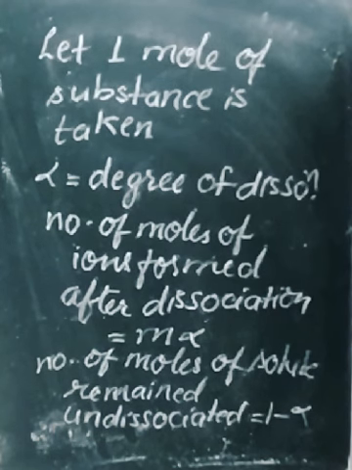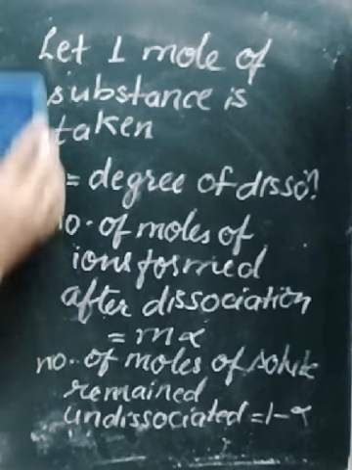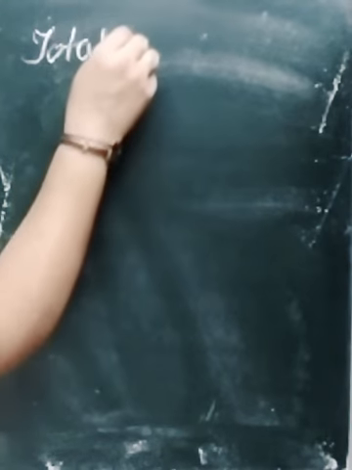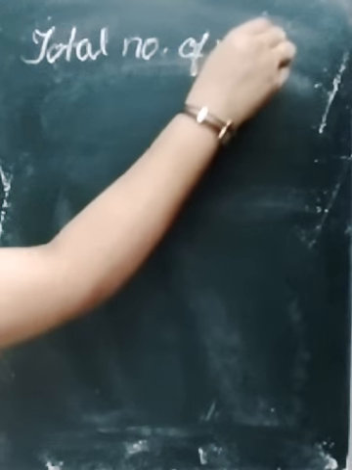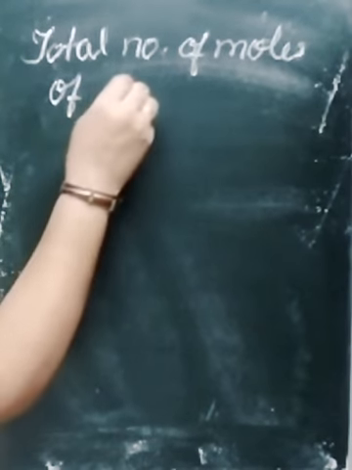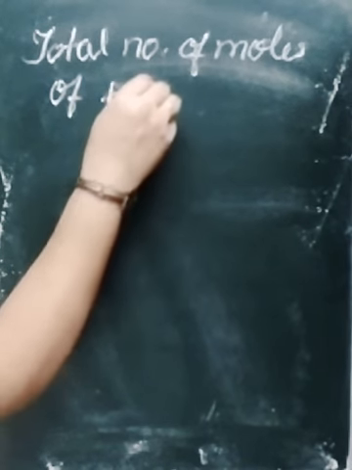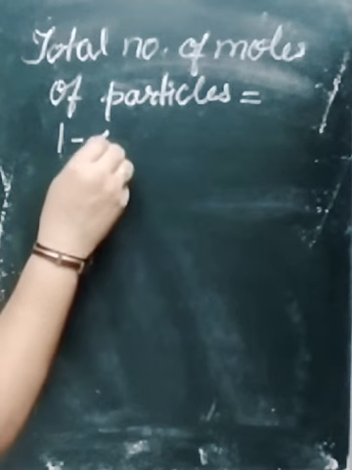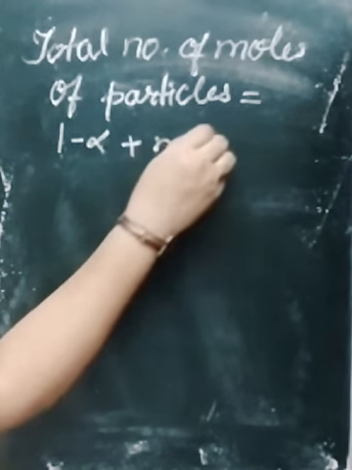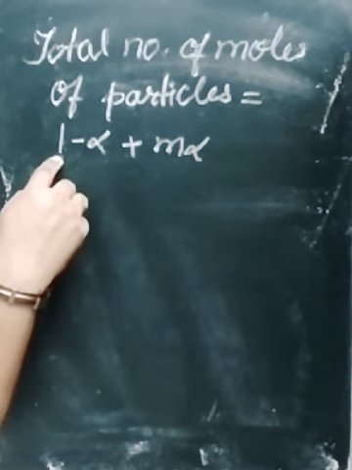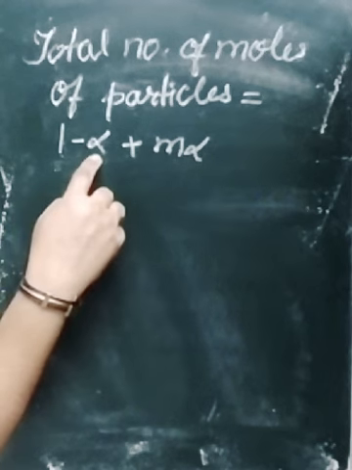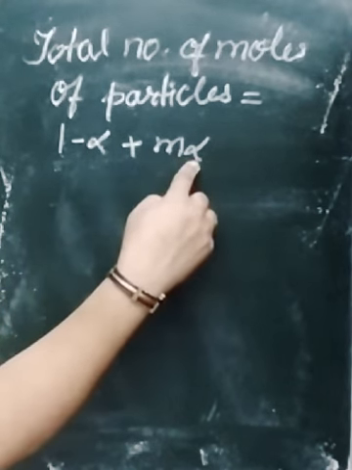Now the total number of moles of particles after dissociation is equal to 1 minus alpha, which remain undissociated, plus m alpha, which is formed after dissociation. 1 was the total number of moles of substance taken, alpha is the degree of dissociation, 1 minus alpha remain undissociated, and m alpha are the moles of ions formed.